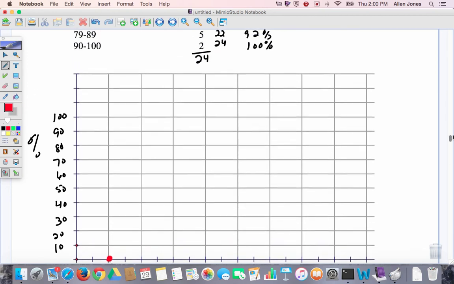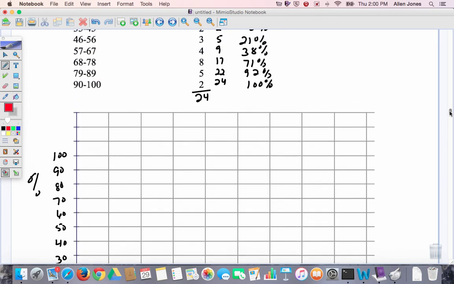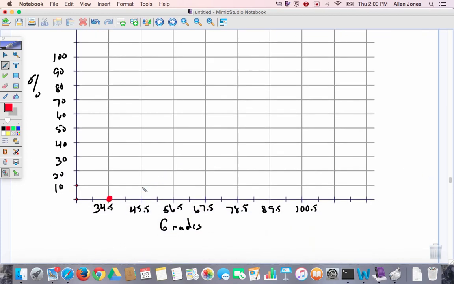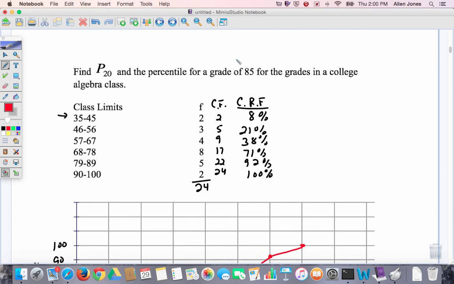If we recall from our graphing procedure with ogives, we always start here at 0 on the x-axis, 0 on the y-axis, I guess I should say. So we're going to plot the 8%, the 21%, the 38%, the 71%, the 92%, and the 100%. And we'll do our best to sketch these into a straight line as much as possible, because now we're going to be able to read that graph.